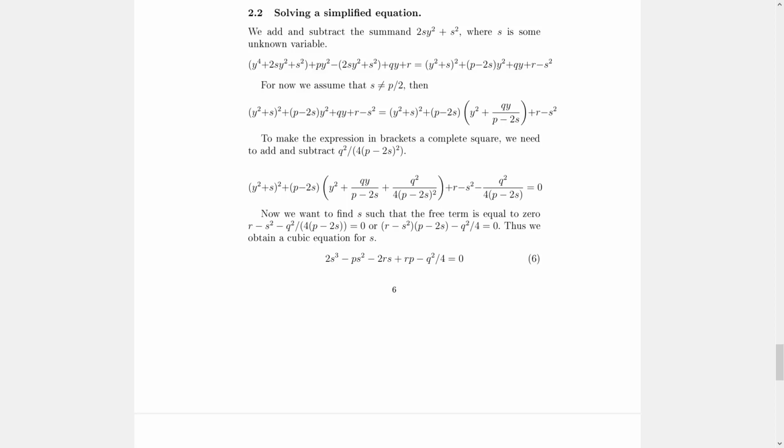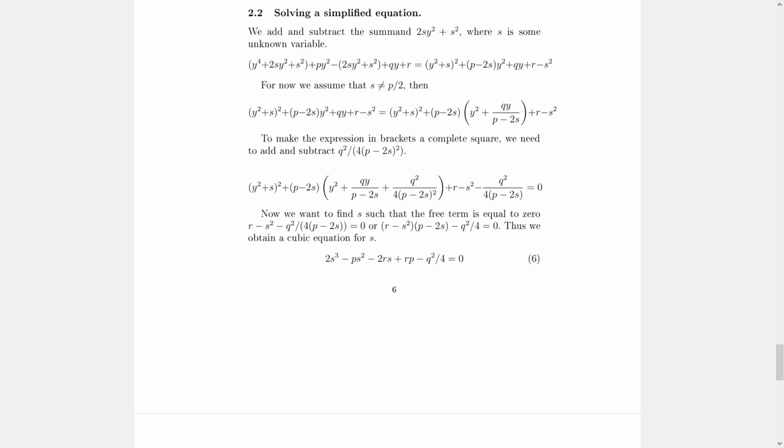Then we get y squared plus s squared plus p minus 2s y squared plus qy plus r minus s squared equals y squared plus s squared plus p minus 2s multiplied by y squared plus qy divided by 2 times p minus 2s, plus r minus s squared.